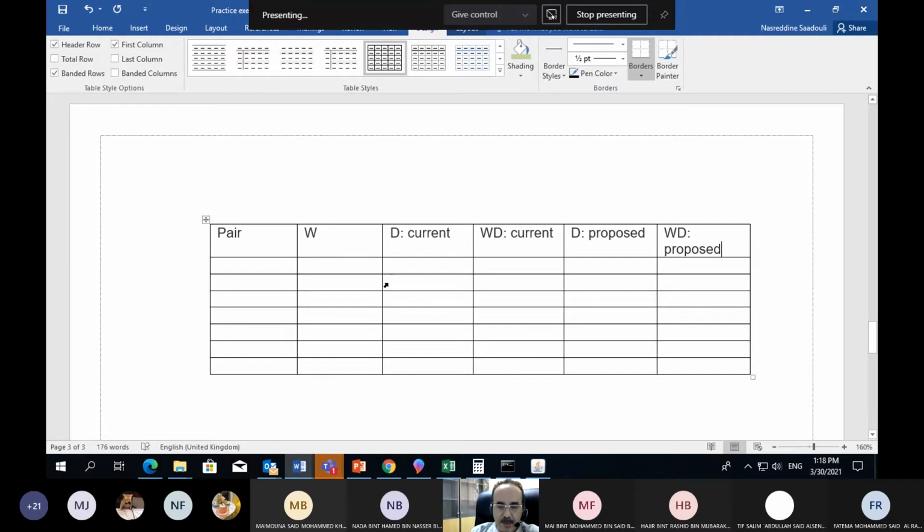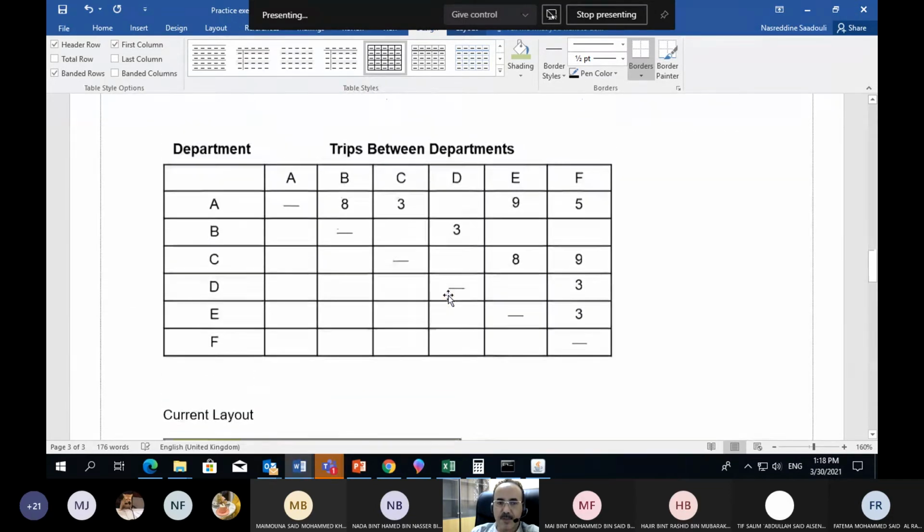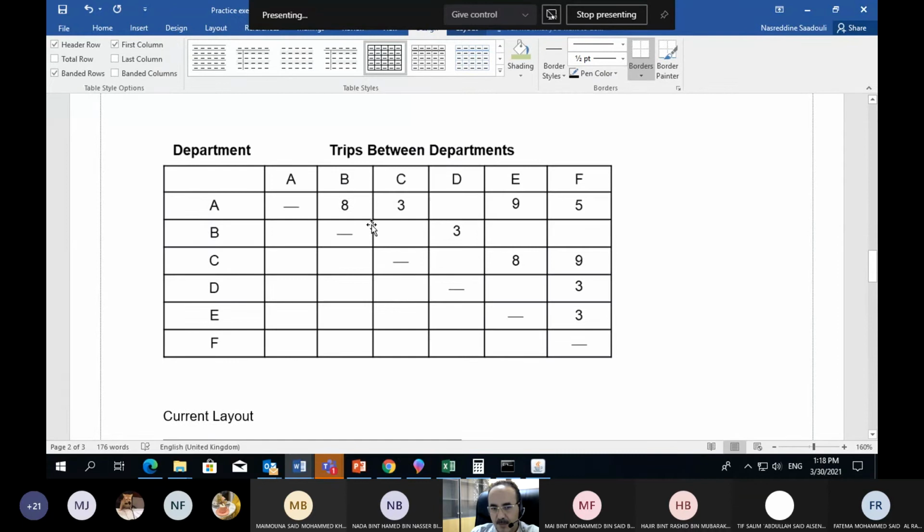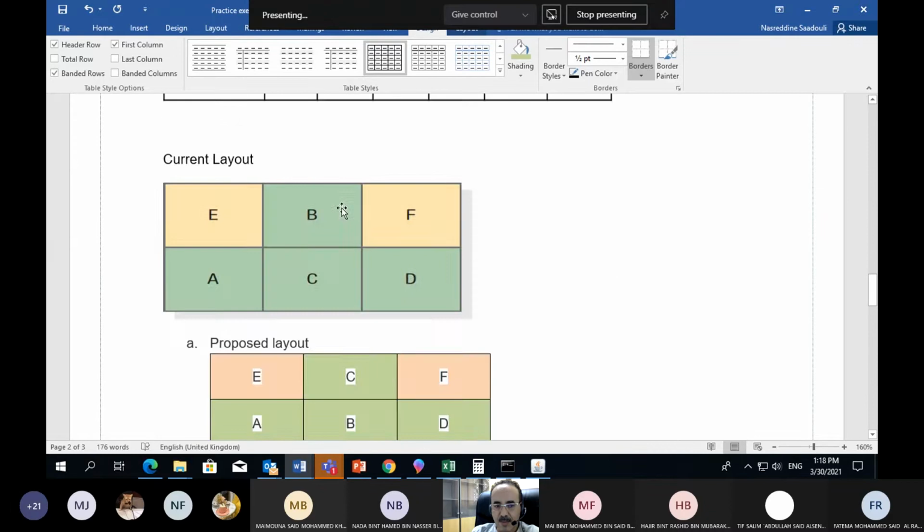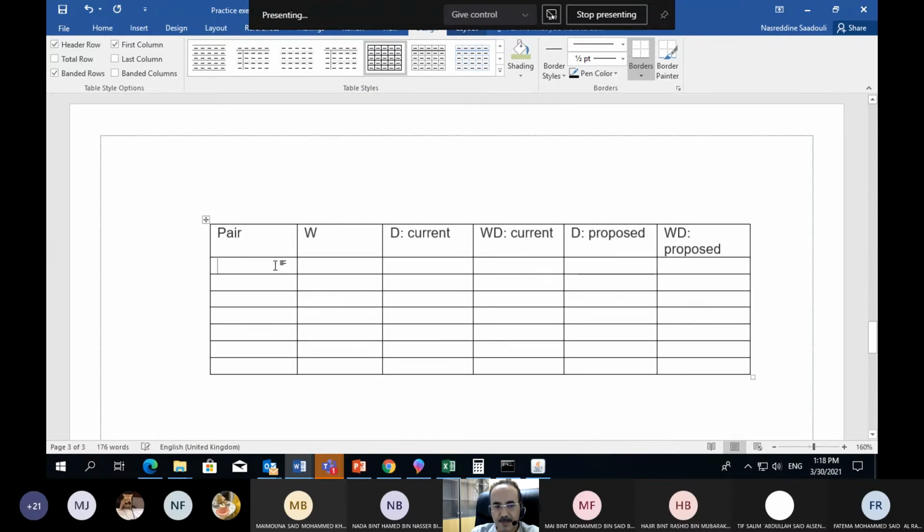How do I generate the pairs? As I mentioned earlier, the best way is from the closeness table, because the table tells us which ones are relevant and which are not. For instance, I do not have to put AD because it's irrelevant. There is no closeness factor. So what are the pairs? I have A and B. That's one pair.